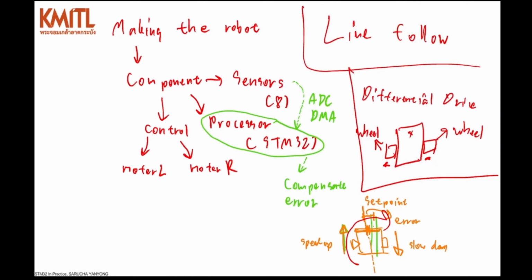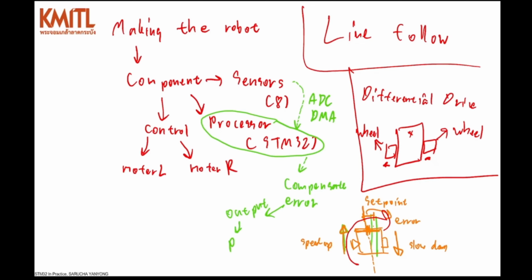So for compensating the error, after that we will have the output to control the motor. The output from the compensation is a PWM.